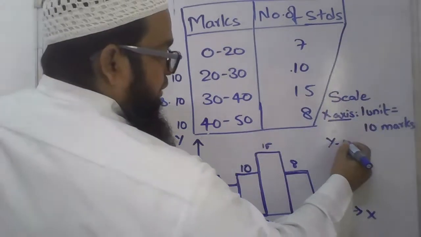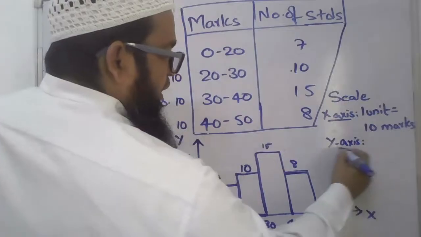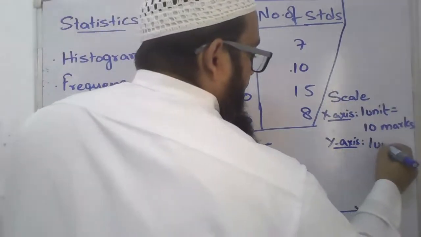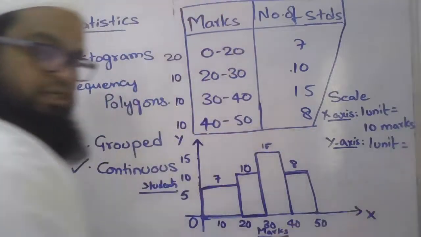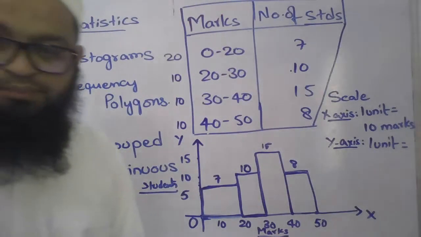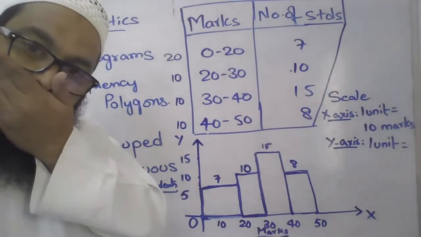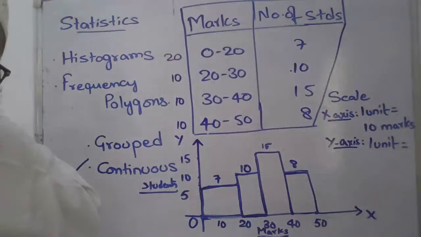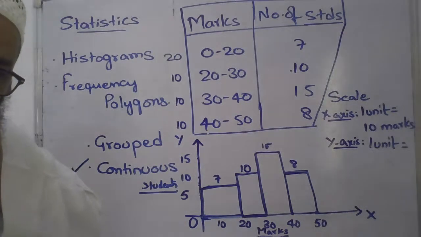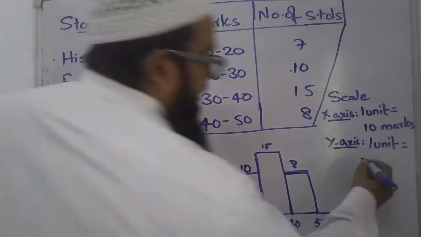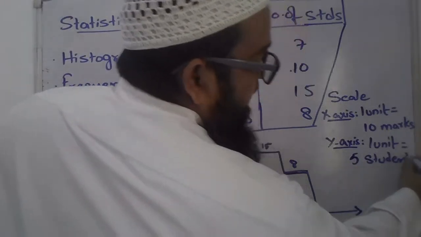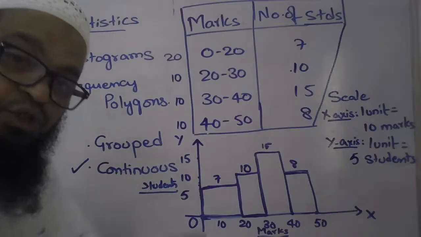Here, the scale for the y-axis, what did you write? What you have taken? 1 unit is equal to how much, my dear students? 1 unit is equal to, on the y-axis... Yes, 5 students. Very good. So 1 unit is equal to, do not write just 5. You have to write 5 students.